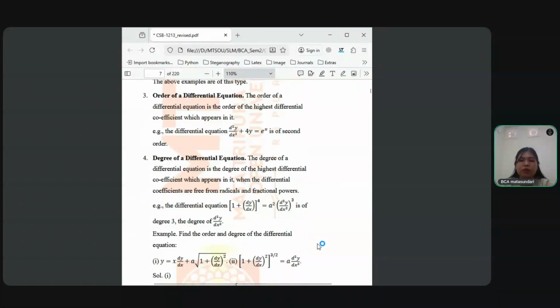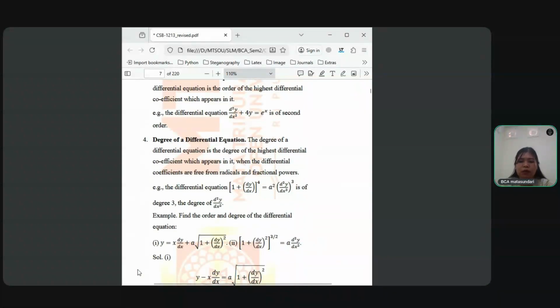Moving to the next definition, the degree of a differential equation. The degree of a differential equation is the degree of the highest differential coefficient which appears in it, when the differential coefficients are free from radicals and fractional powers.